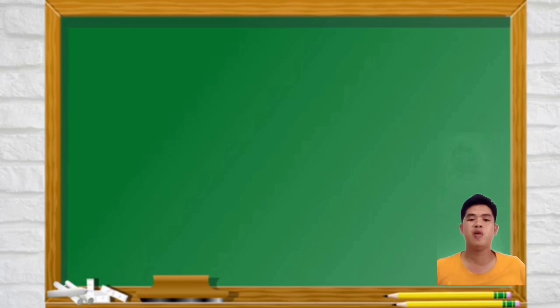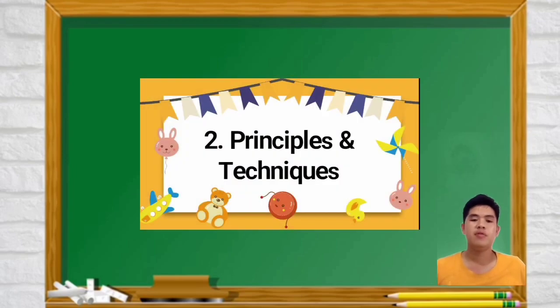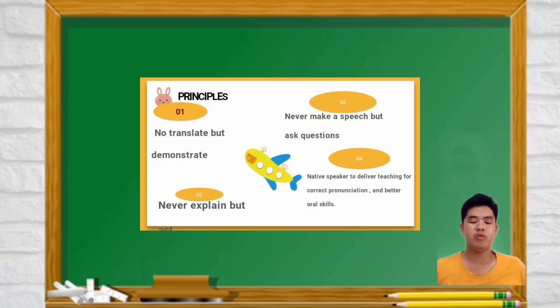Second is principles and techniques. First, we have the principles. No translate, but demonstrate. The second principle is never explain, but act. The third principle is never make a speech but ask questions.